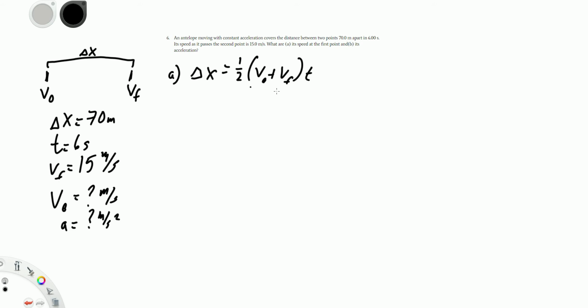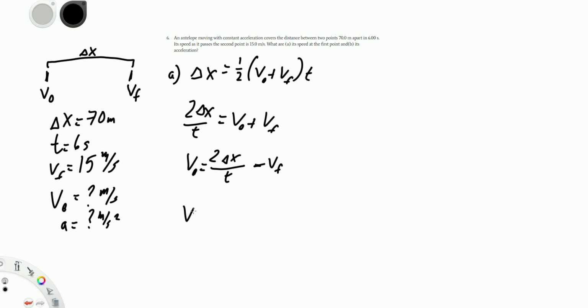So we need to isolate v naught here, so get rid of the terms that are multiplied. So we can say 2 delta x divided by t equals v naught plus vf. Then we need to get rid of this term, so we subtract it. I'm going to put v naught over here: v naught is 2 delta x divided by t minus vf.